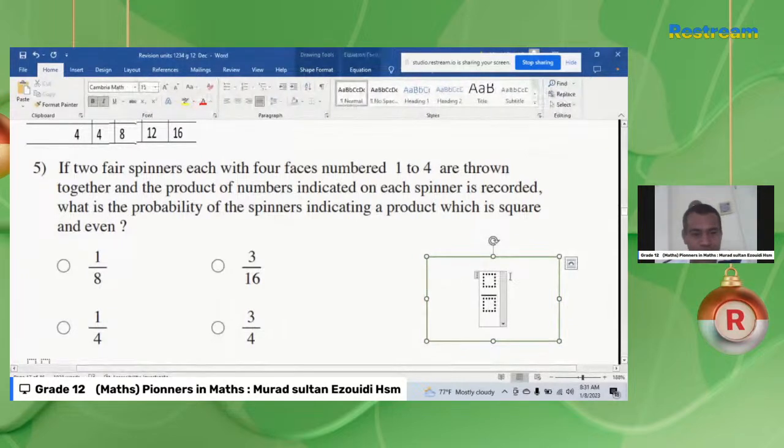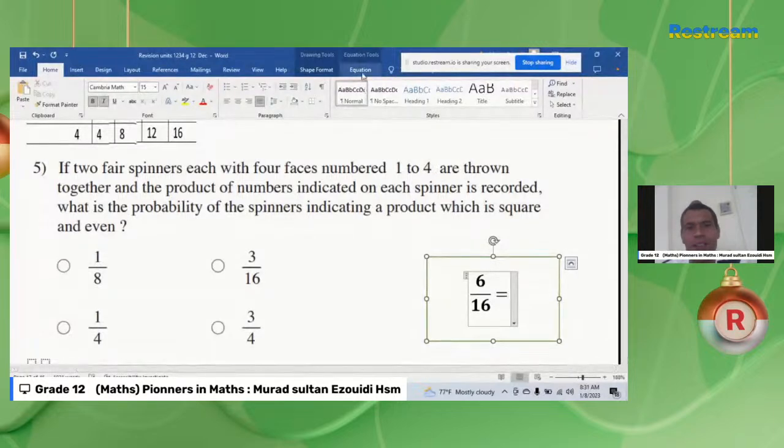Therefore, we told the 6 outcomes out of 16. Okay, why 16? Because 4 by 4. So this one, learners, is equal to 3 divided by 8.